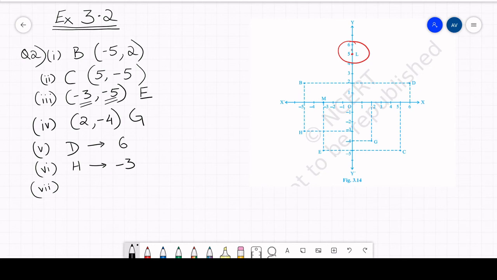It is positioned on the y-axis. So the abscissa over here is 0, or the x coordinate is 0, and the y coordinate is 5, since it is 5 units above the x-axis. 0, 5 would be the solution for the seventh part.